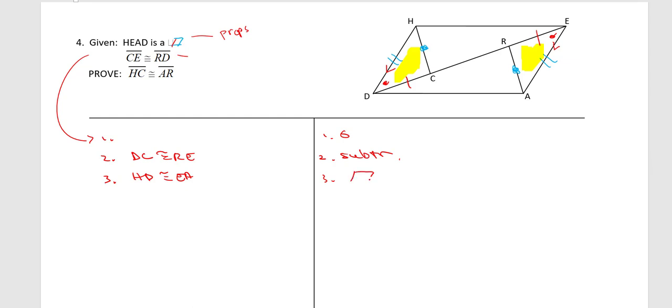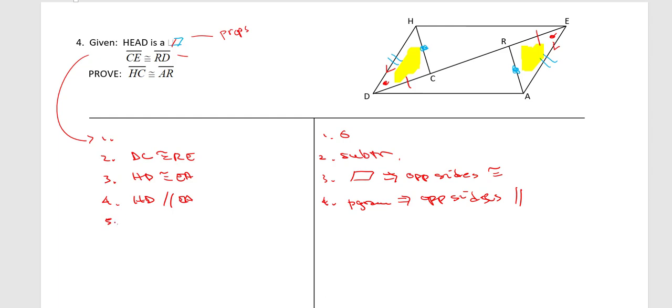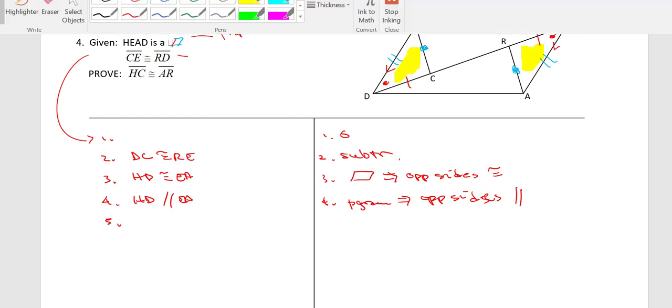So if it's a parallelogram, then opposite sides are congruent. We can do the same thing here with the opposite sides being parallel. So it's a separate step here. I can use that symbol. I can also use just the word parallelogram or p-gram. Opposite sides are parallel.